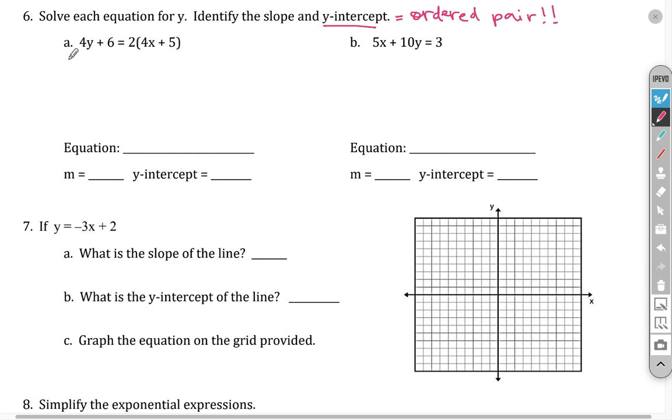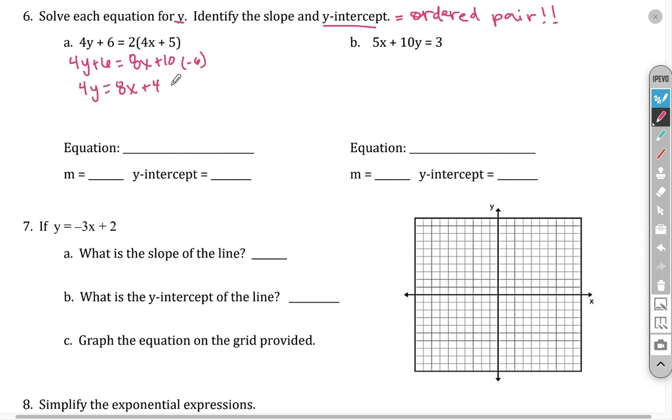So to solve for this first, we need to distribute this 2 out. So we have 4y plus 6 equals 8x plus 10. And then we're going to solve for y, right? So we're going to move 6 to the other side by subtracting. So we have 10 minus 6, so 8x, and then 10 minus 6 is going to give us plus 4.